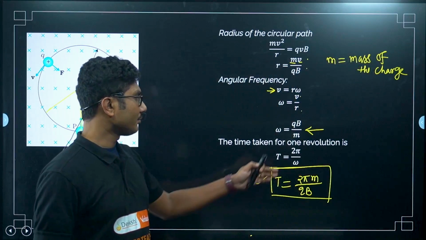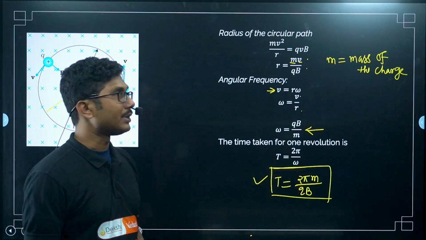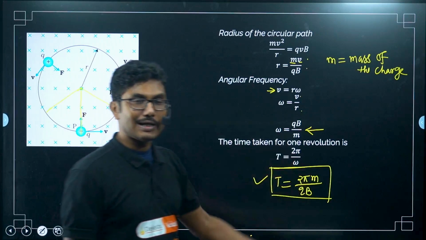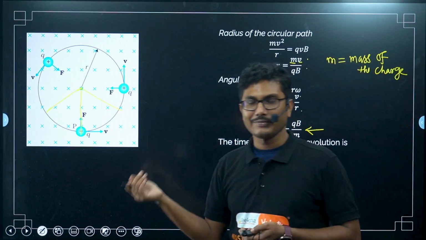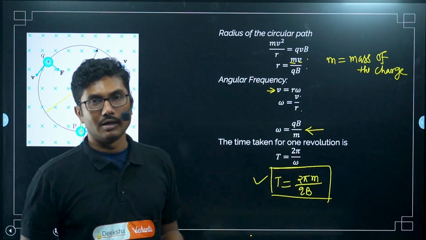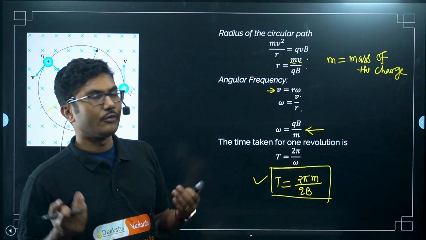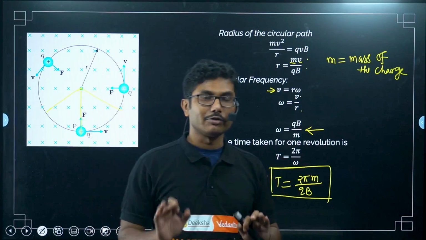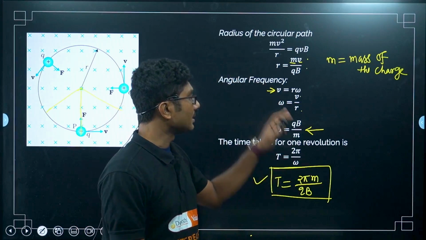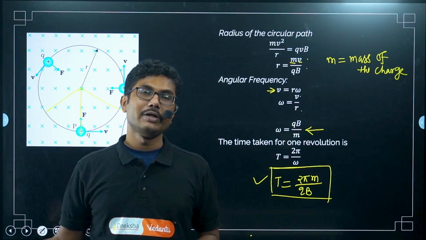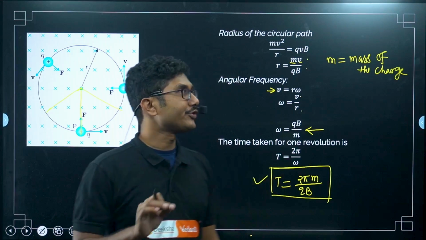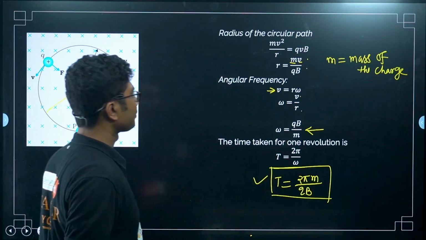You have to use this formula to calculate it, but previously they directly asked it in the form of a cyclotron: a charge is given in a cyclotron and a magnetic field, what is the time period of rotation. Now cyclotron is not there, but these formulas are still in your syllabus. So instead of asking about the cyclotron, they will directly ask you. The question will be very, very direct.